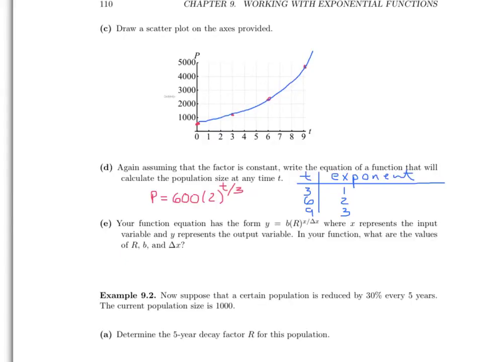Well, let's make a comparison of these two equations. We have y equals b times r raised to the x over delta x.